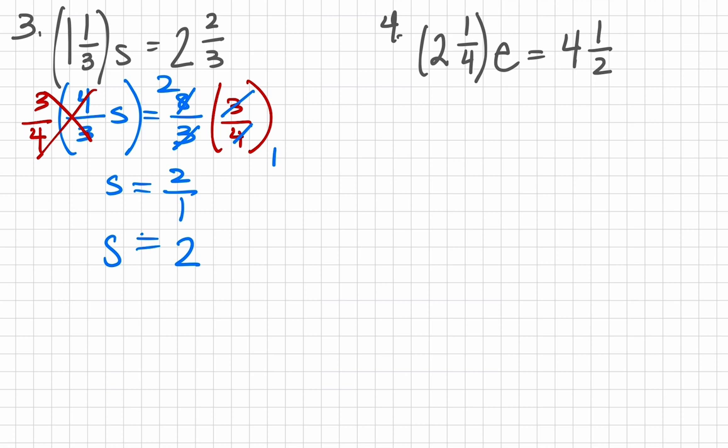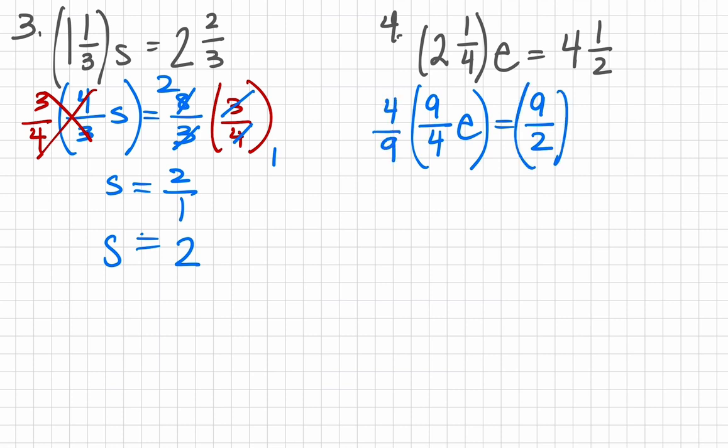In this one, we are going to get rid of these mixed fractions. So 2 times 4 is 8, 9/4 is equal to 8, 9/2. I'm going to multiply this fraction next to the variable by the inverse, which is 4/9.